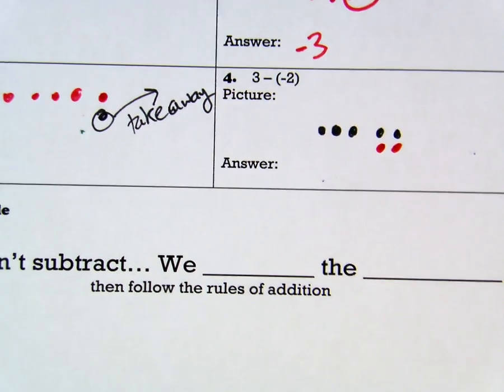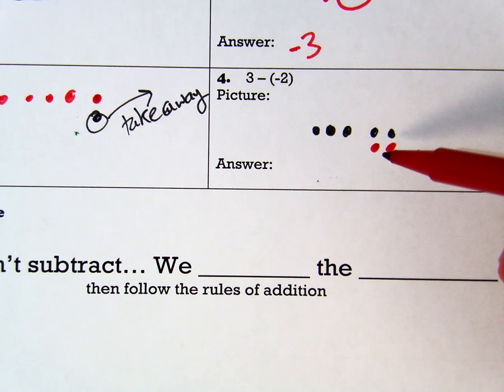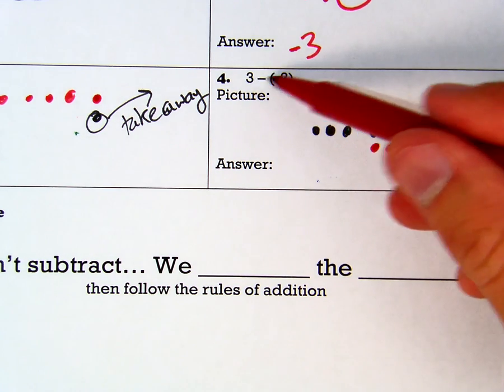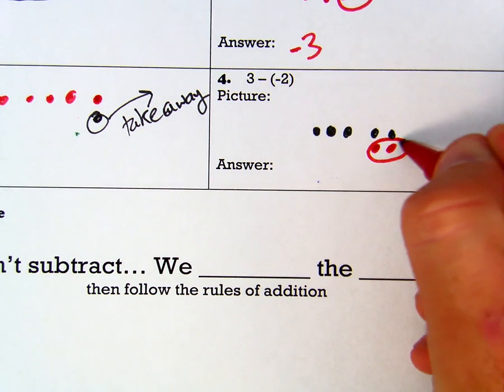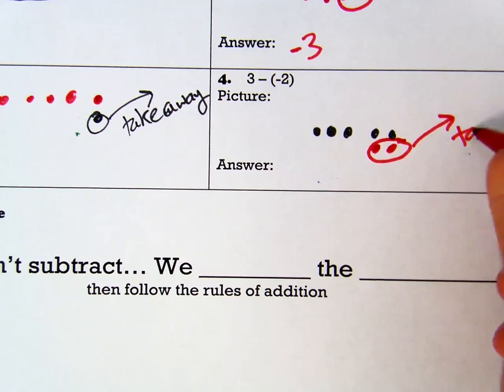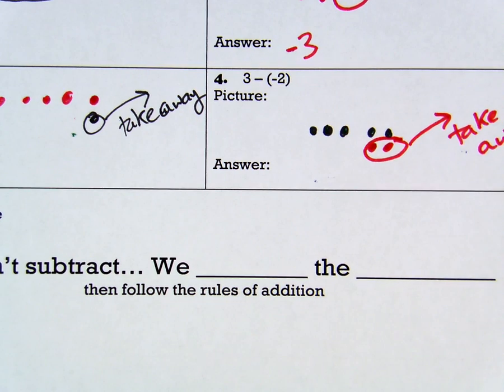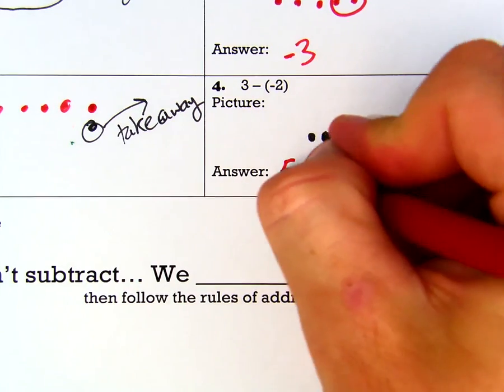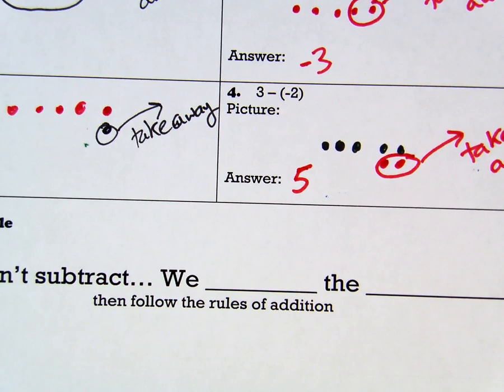That way those would just cancel each other out, and that would leave me the 3. But what I've done is I've given myself 2 negatives to take away, so I'm going to circle these 2 negatives, take them away, and I get an answer of positive 5, because there's 5 positives left.